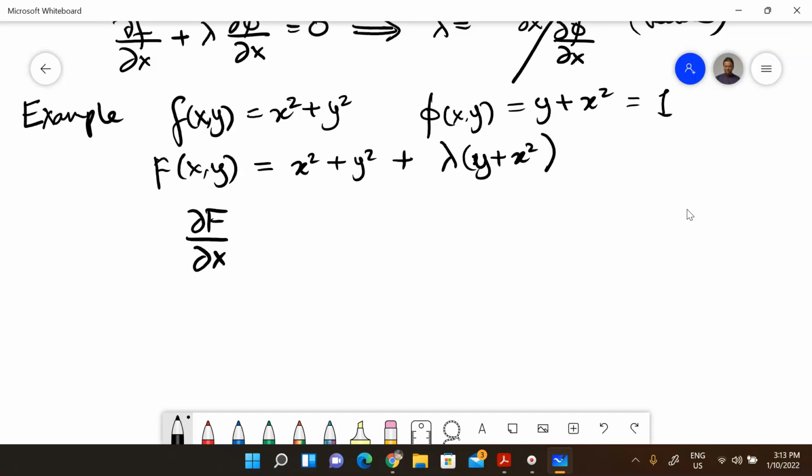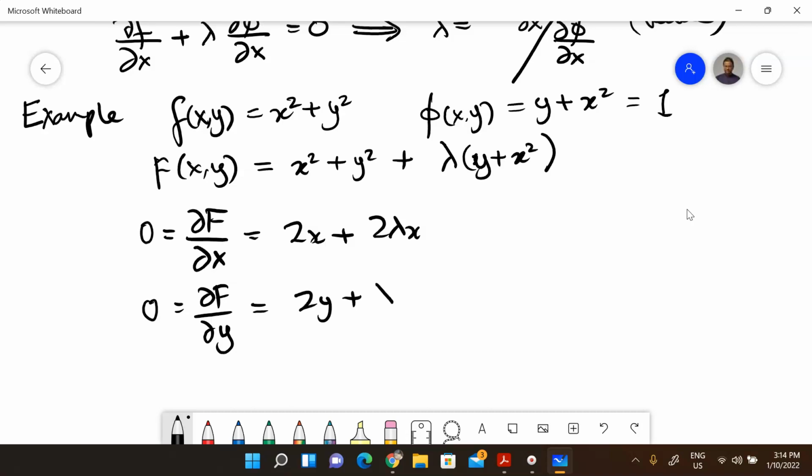You have partial f partial x, set this equal to 0, and then the other one. So 2x plus 2 lambda x over here, and over here is going to be 2y plus lambda, and this should be equal to 0. Let's call this equation 1, and this equation 2.